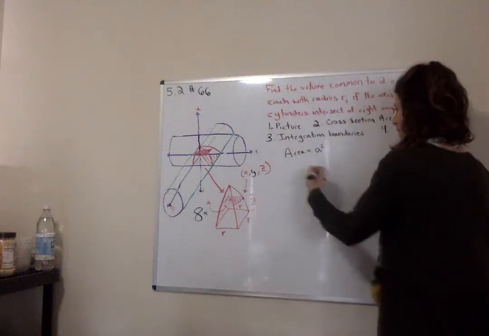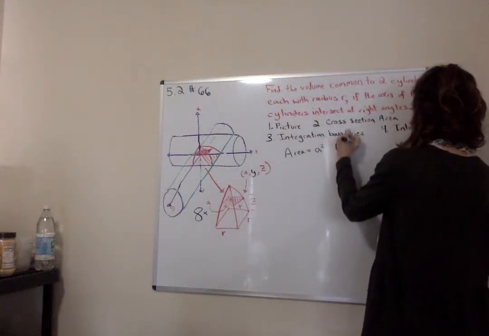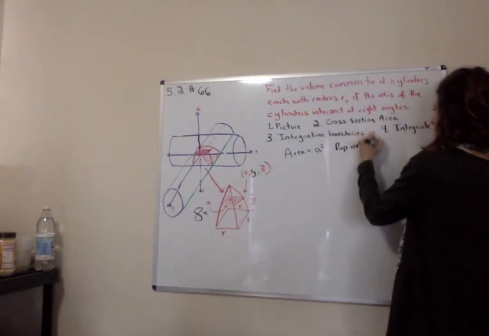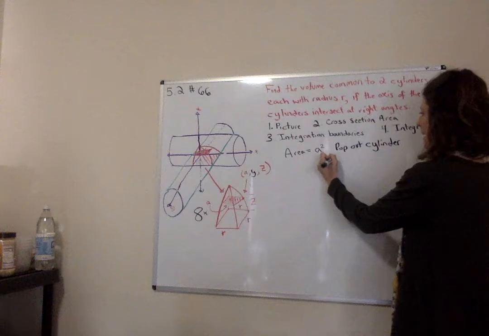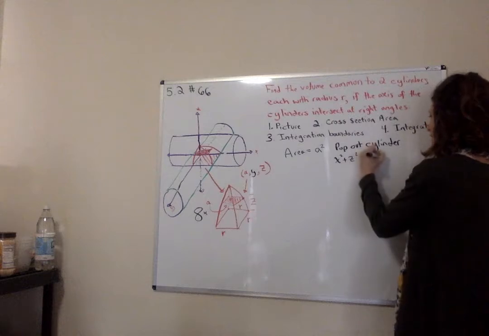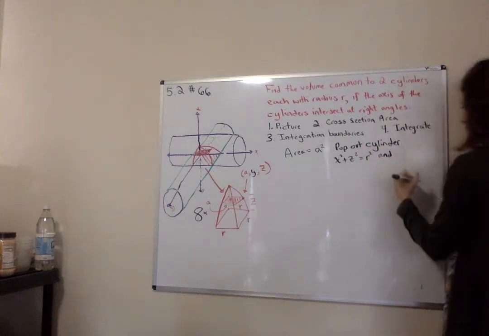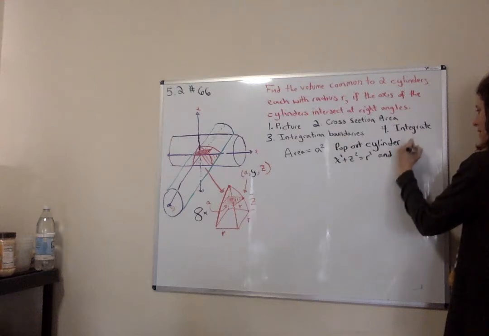So the popping out cylinder is defined by x squared plus z squared equals r squared, and y is any number.